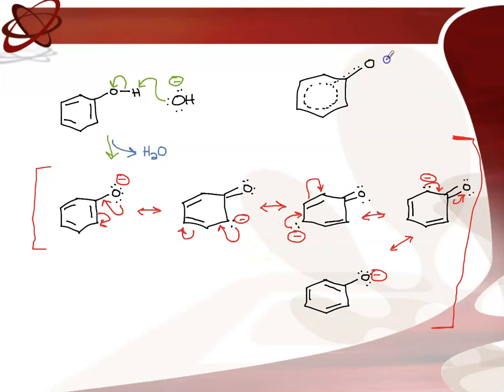We'd also probably show in our resonance hybrid a partial negative charge on the oxygen and partial negative charges on the 3 carbons that have formal charges in the 3 resonance structures where we've put formal charge on carbon.